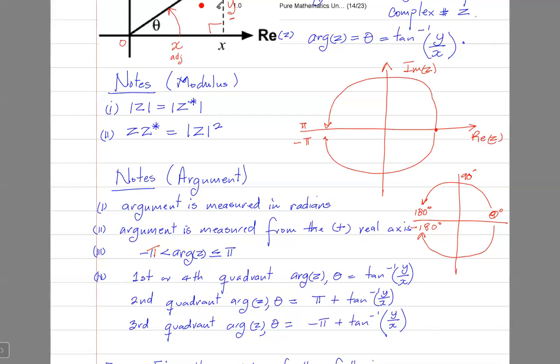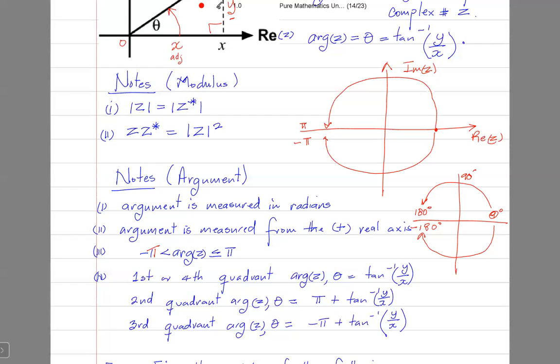Now, please note in the first and fourth quadrant, the argument theta of Z is equal to tan inverse y over x. In the second quadrant, the argument theta is equal to pi plus tan inverse y over x.